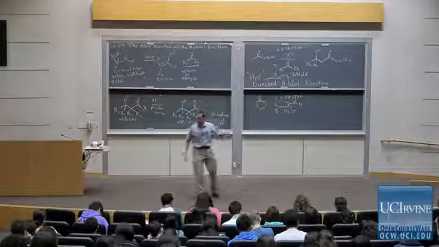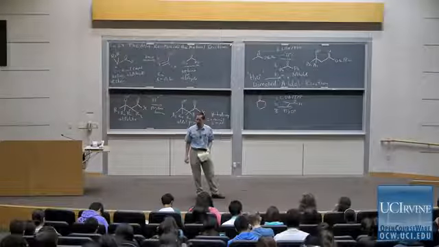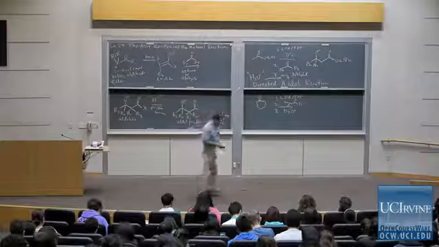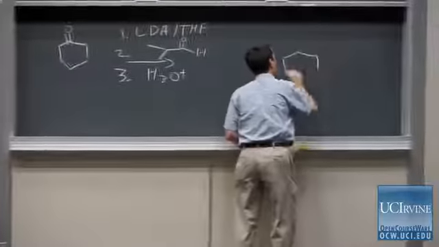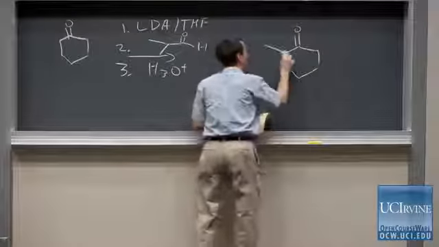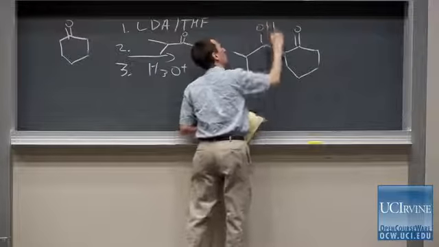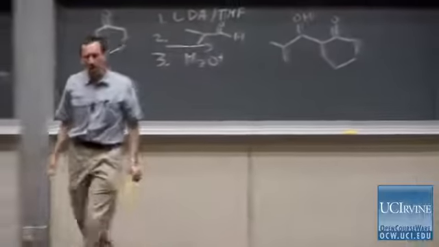H3O plus could be aqueous ammonium chloride, it could be dilute aqueous HCl or dilute sulfuric acid. And in a very, very typical situation, you would then extract your product into an organic solvent and dry it over magnesium sulfate and filter it and concentrate it. And here's our aldol product.